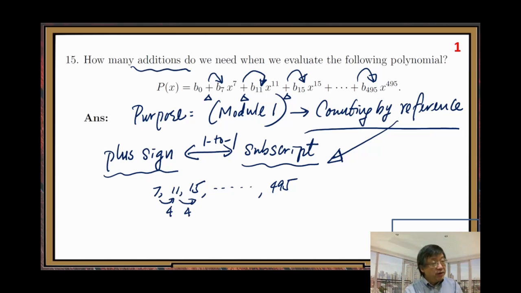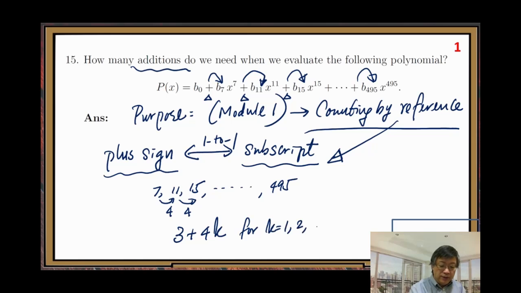Can you write the general expression of the subscript? The general expression of the subscript is 3 plus 4k, where k equals 1, 2, 3, and so on.